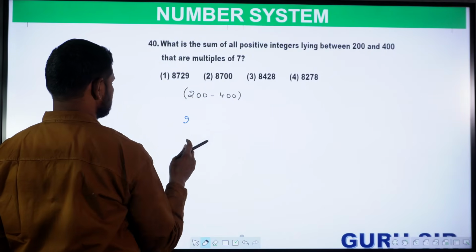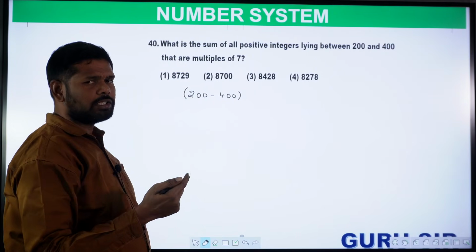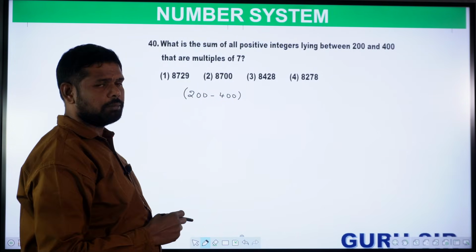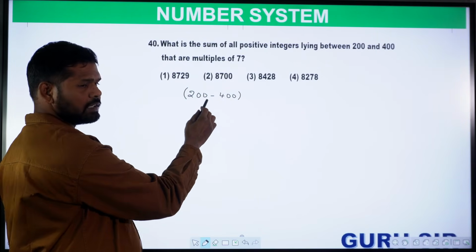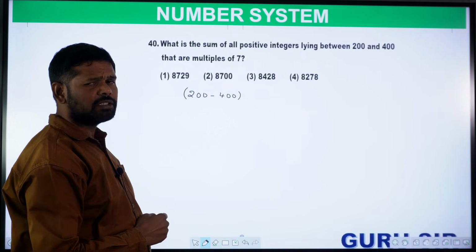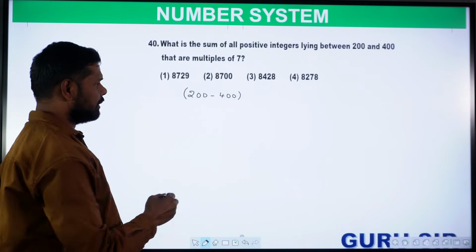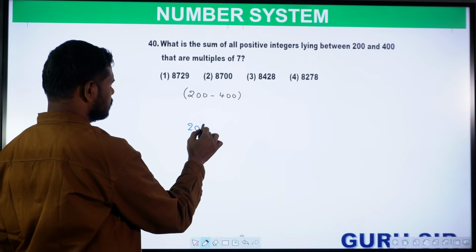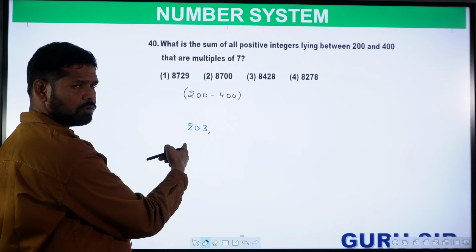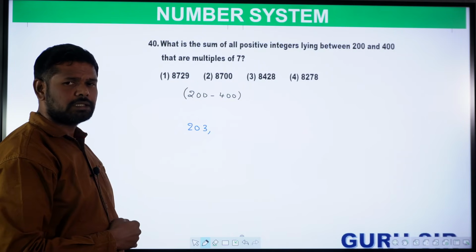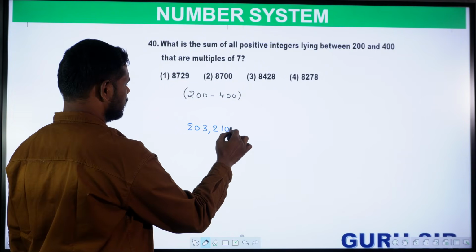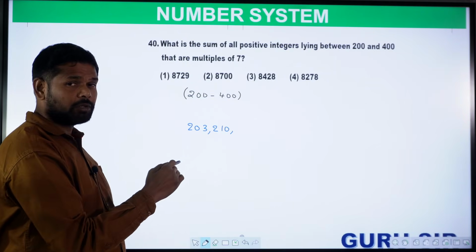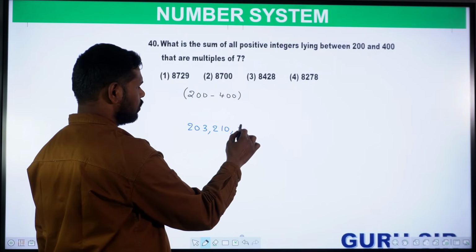If we are good at the seven table, it is very easy to find the first number. Divide 200 by 7: 7 times 28 is 196, remainder is 4. The next number is 203, 7 times 29. Then 210, 7 times 30.